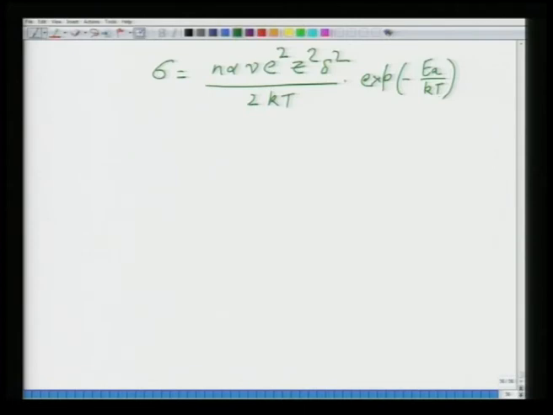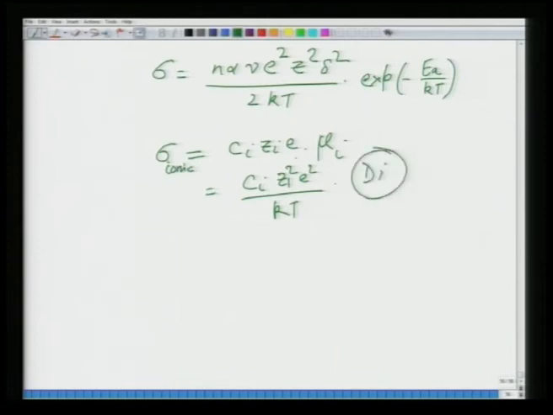In the previous expression we said that the ionic sigma was equal to Ci Zi E into mu i, okay, and this was made equal to Ci Zi square E square divided by KT. So basically this was the expression, and this becomes your Di.